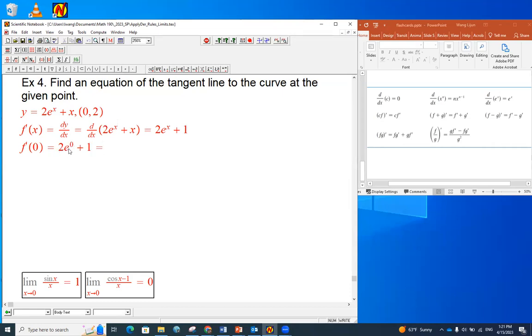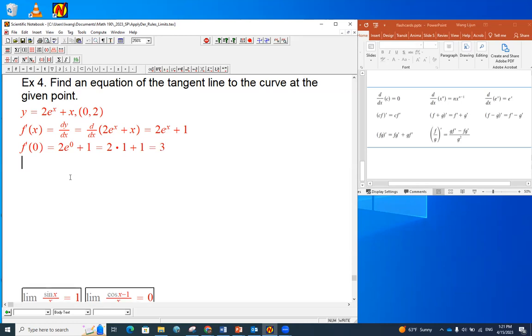Okay, 2 times e to the power 0. E to the power 0 equals 1. So that's going to be 2 times 1 plus 1. So that's going to be 3.